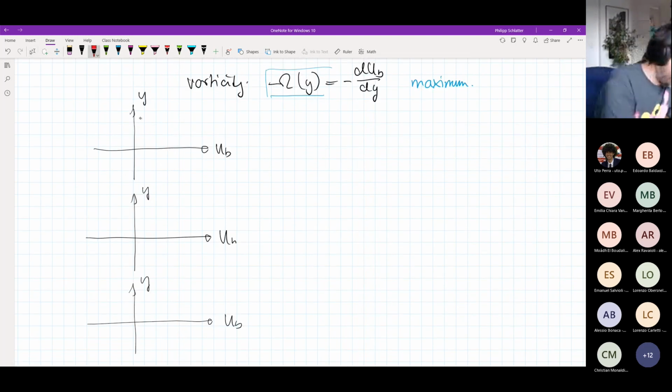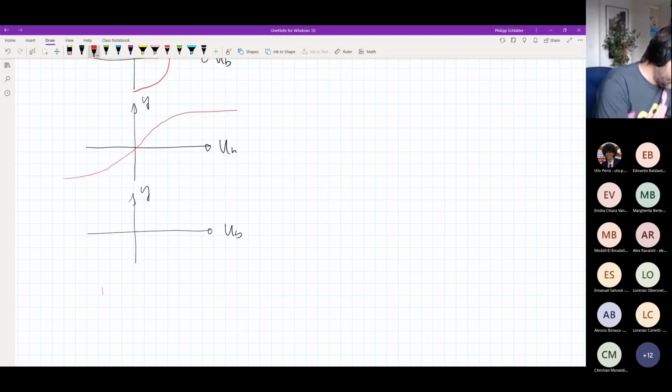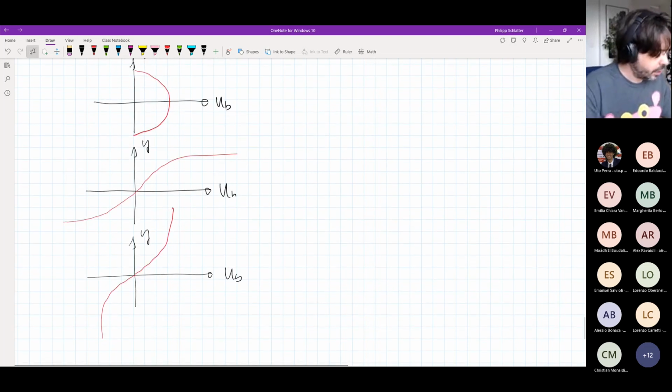Let's just take three different profiles that are potentially possible velocity profiles that we could look at. We have something that looks like a channel, we have something that looks like this, and we have something that looks like this.